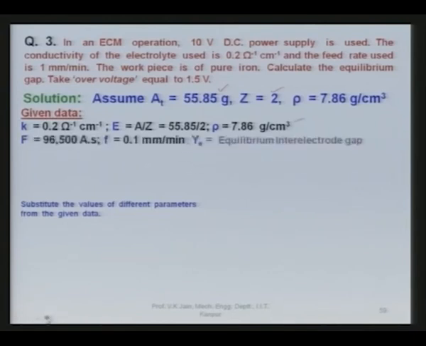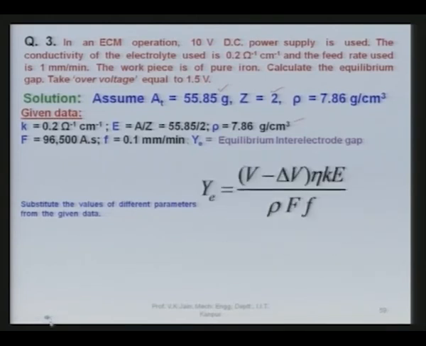We already know Faraday's constant, the feed rate is given as 1 millimeter per minute, and the equilibrium interelectrode gap we have to calculate. Now, we know the equation of the equilibrium interelectrode gap is equal to V minus delta V, zeta K E over rho F f. Now, this f is the feed rate.